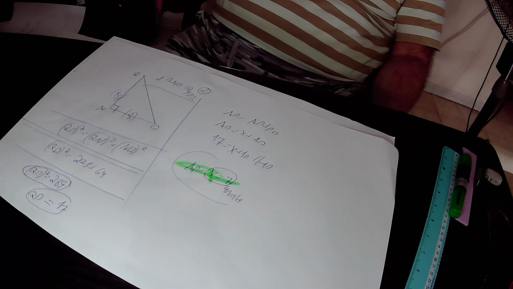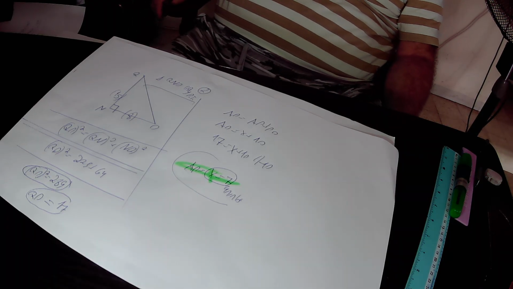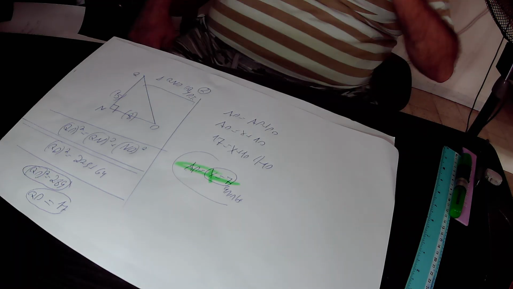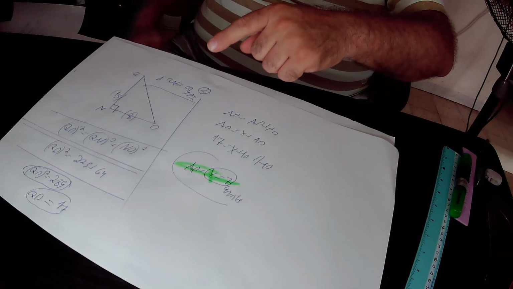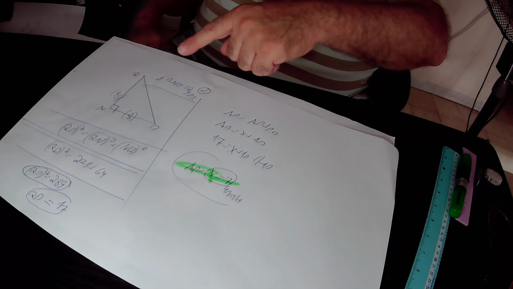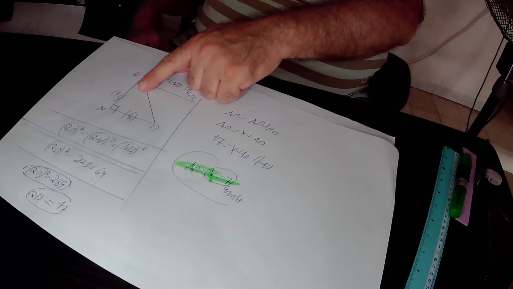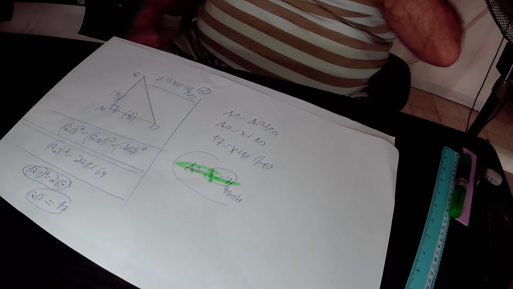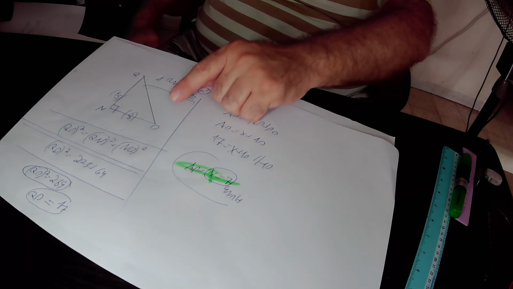In this right triangle, QO squared, that is the square of the hypotenuse, equals QN squared plus NO squared. QN is 15, therefore QN squared is 225, plus NO squared.